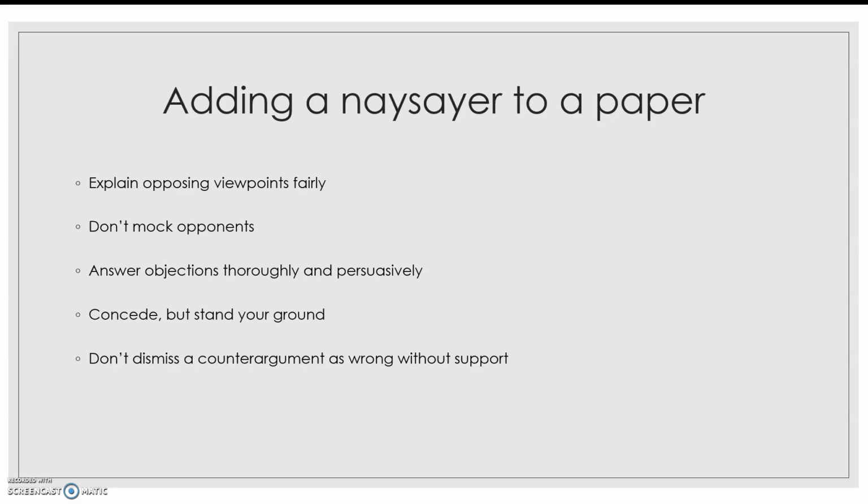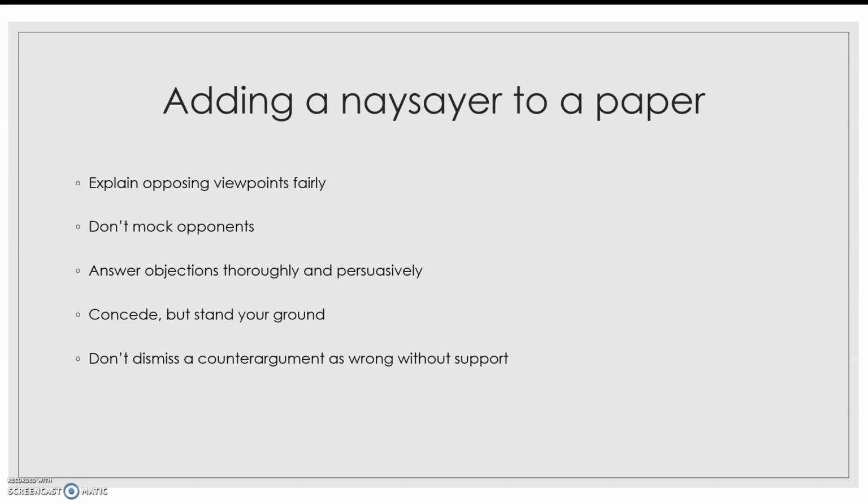And then you have to think about, too, if you're going to add a naysayer to a paper, how are you going to answer that naysayer? This part is important because if you've presented the opposition, then you also need to be able to answer that opposition that you've created. So you need to answer any objections that you've put into your paper thoroughly and persuasively, right?